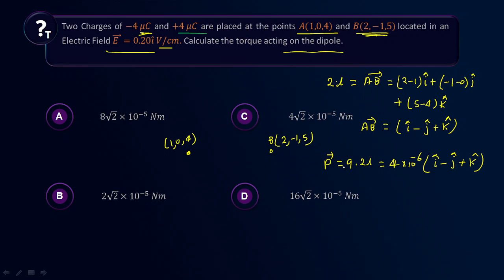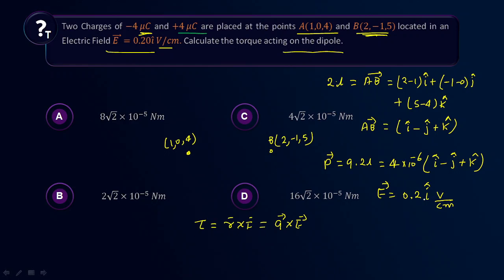Now, we know that torque is R cross F. In this case it will be P cross E. Now, the electric field is given as E equal to 0.2 i cap volt per centimeter.